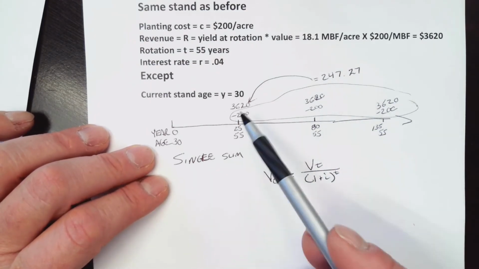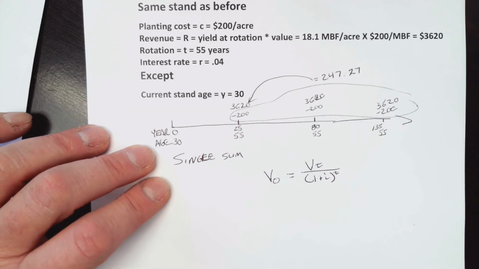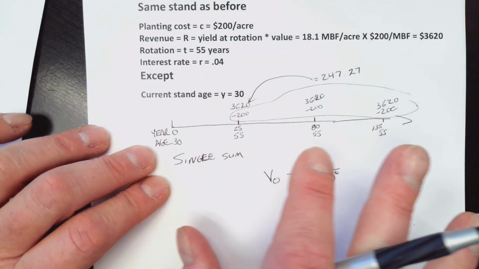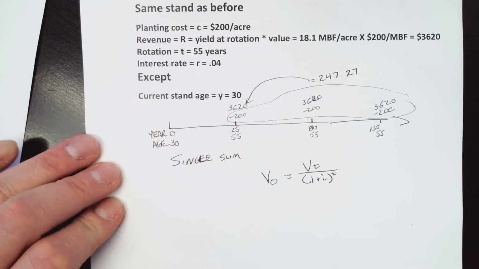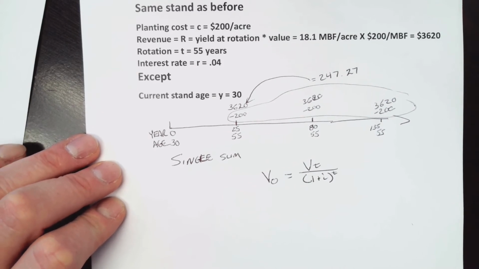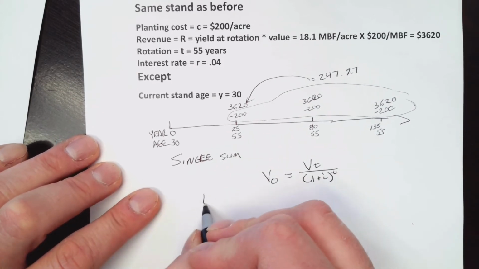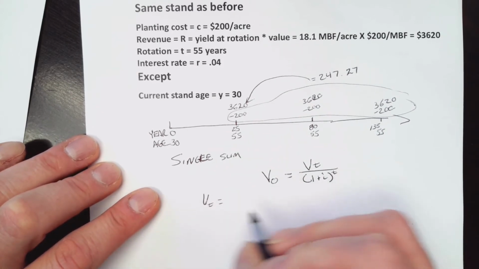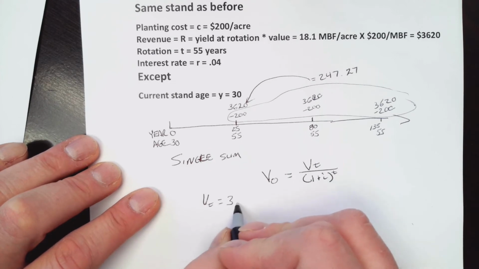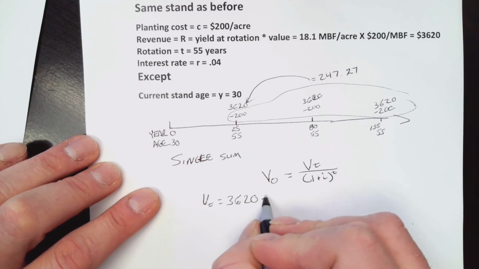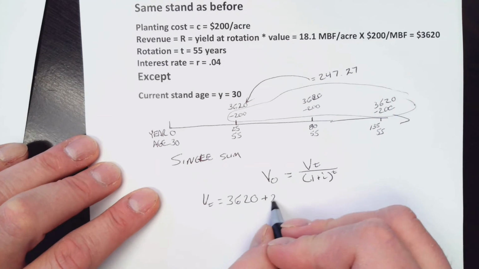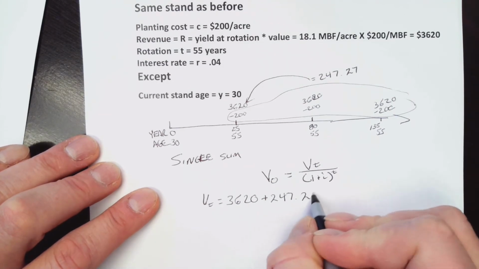We've crunched all these numbers into a single one, so that makes everything easy. We could do them all separately, and as long as we account for them in the right time periods, we would get the exact same answer. Here, our VT is 3620 plus this one, 247.27.